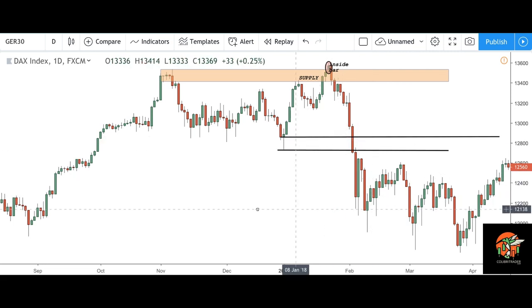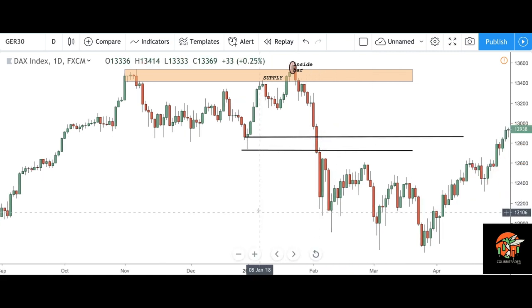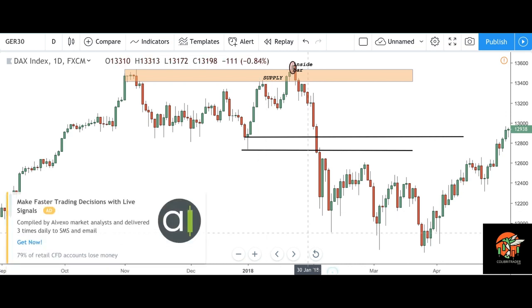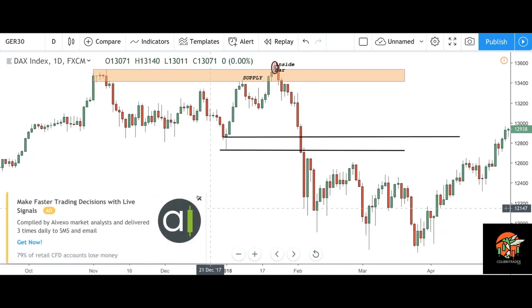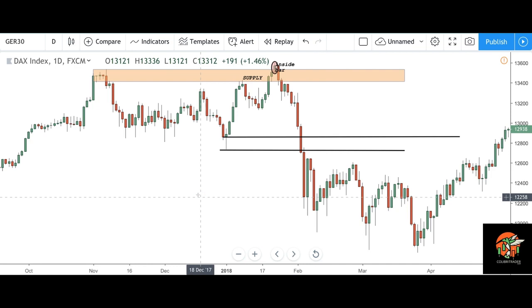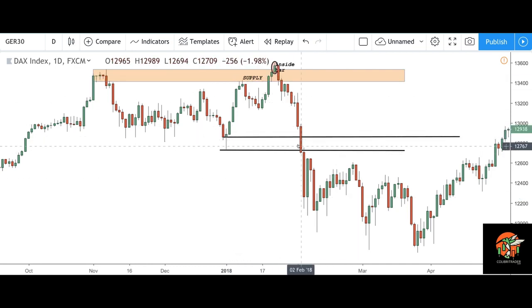But then what is really important, again, as I said in the previous video, you should always be looking at price action. And here there is not really a reason to take money off the table, guys, because you have this red candle which goes through this support range.